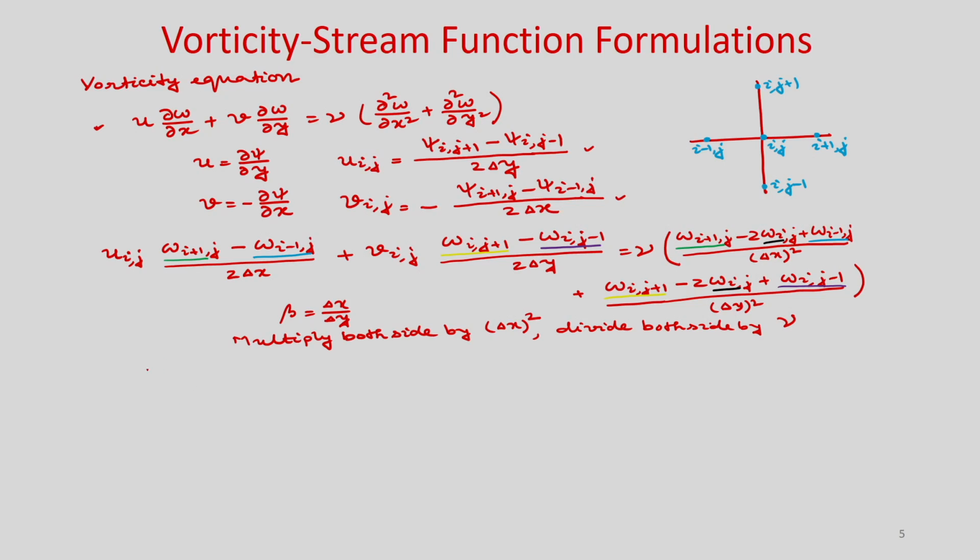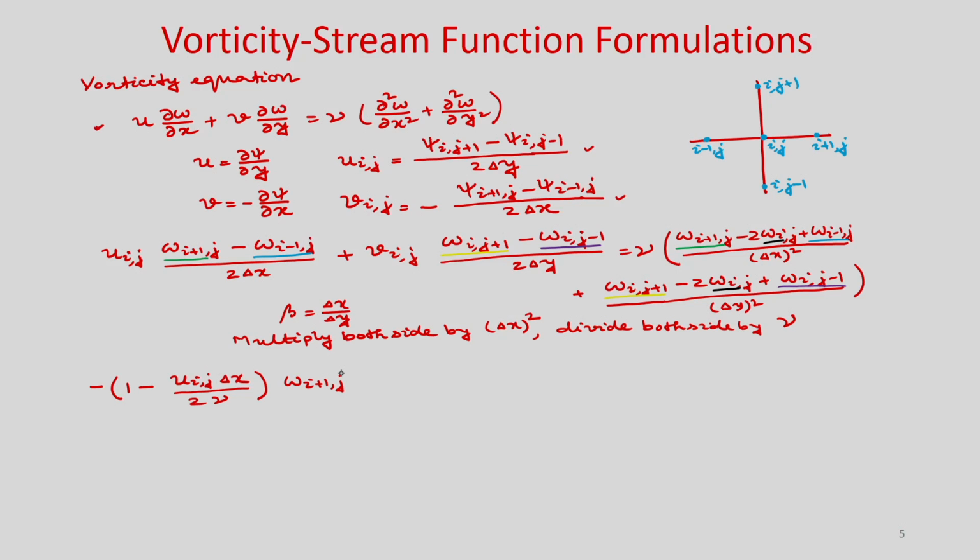What is the coefficient of omega i plus 1 j? It will be minus 1 minus u i j, since we have multiplied by delta x square, delta x divided by 2 nu, times omega i plus 1 j.